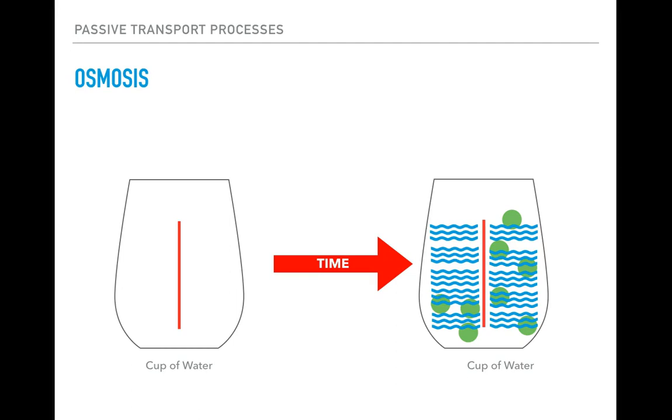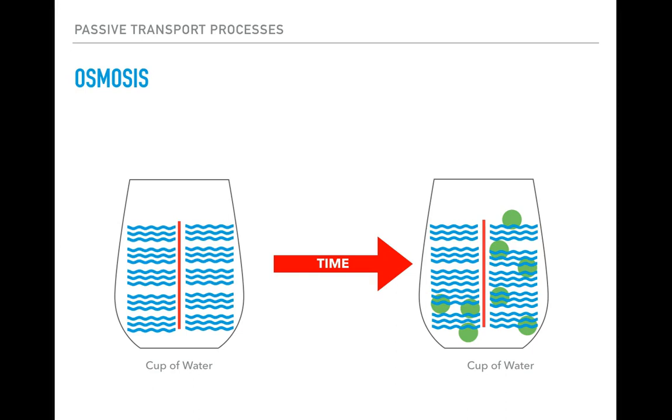In the cup of water that we see towards the left, notice that we have an even level of water on both sides. However, we have an element, albumin, which is in differing concentrations on either side of our semi-permeable membrane. On one side, we have a 5% concentration of albumin, and on the other side, we have a total of 10% albumin.